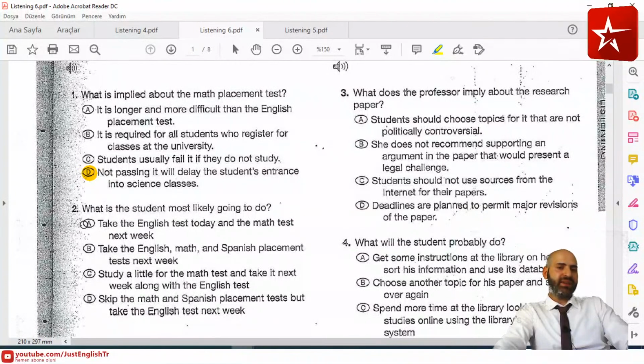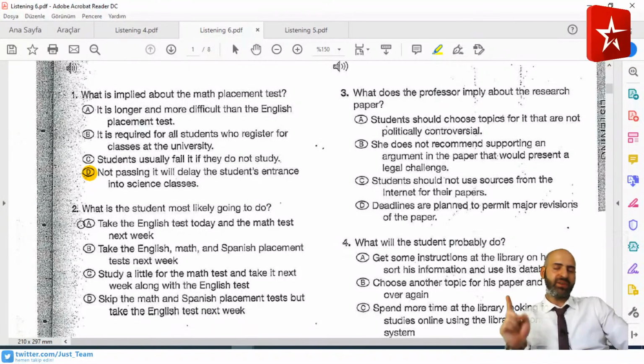A. Take the English test today and the math test next week. B. Take the English, math, and Spanish placement tests next week. C. Study a little for the math test and take it next week along with the English test. D. Skip the math and Spanish placement test but take English test next week.